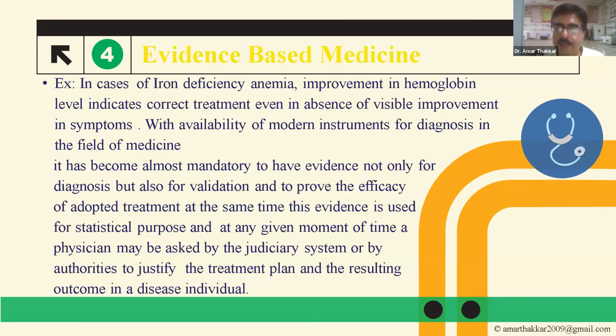When you give medicine and expect the symptoms of anemia, or symptoms arising because of anemia, to go away, if the symptoms have gone and you again advise the investigation, it must be able to reflect significant change. This can be a very important step for validation from other systems of medicine.